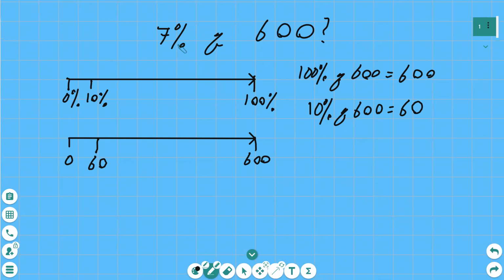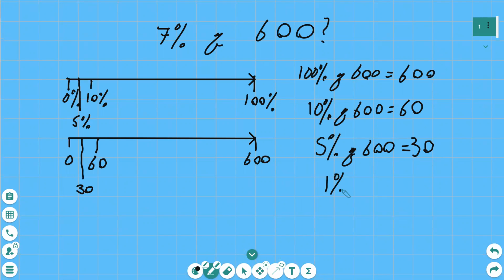But we want 7%. So let's just get 5% of 600. Well, 5% is half of 10%. Half of 60 is 30. So 5% of 600 is 30. But we still need to get 7%. Another good one to do is 1%. 1% of 600.